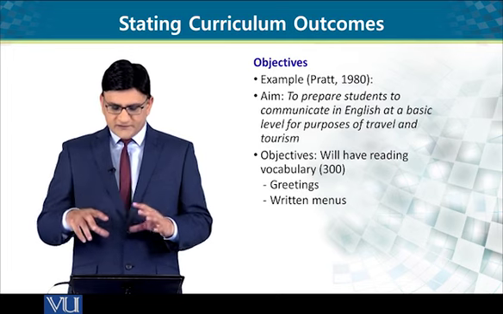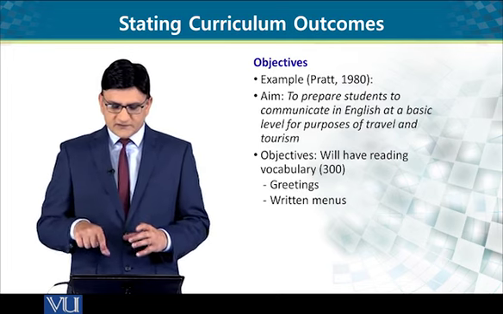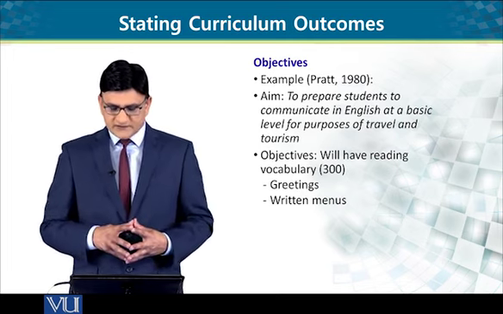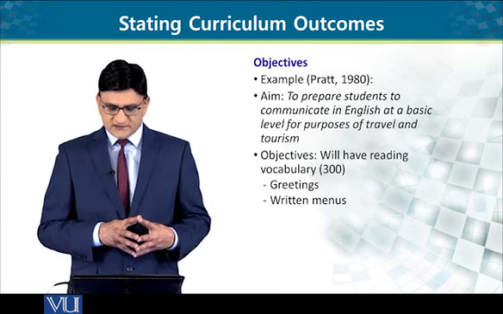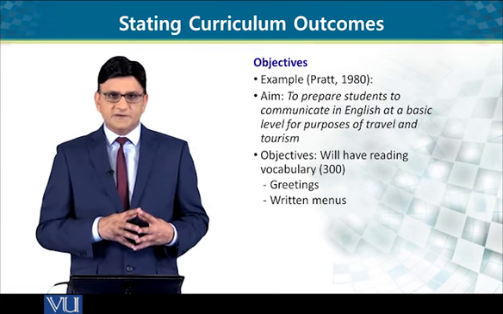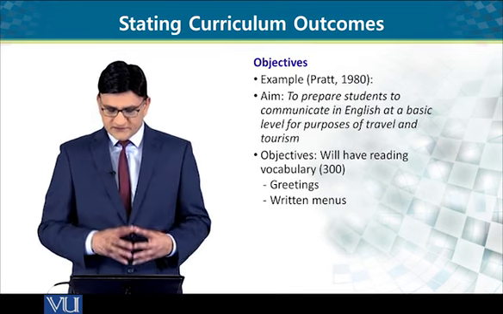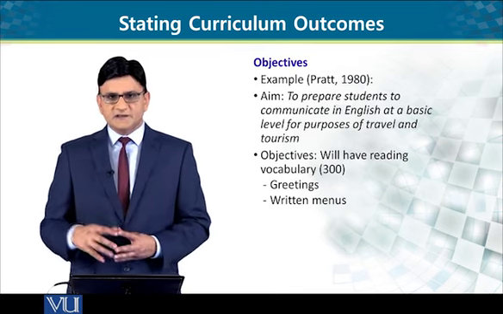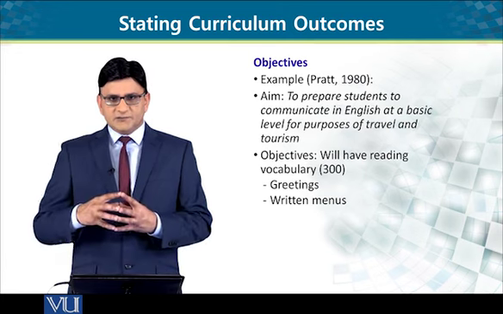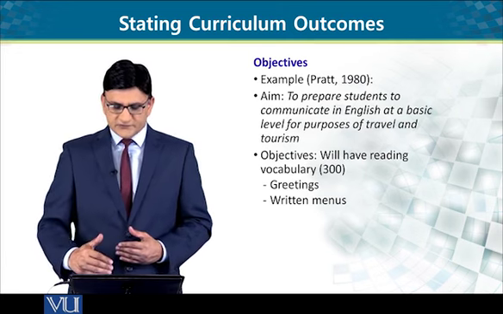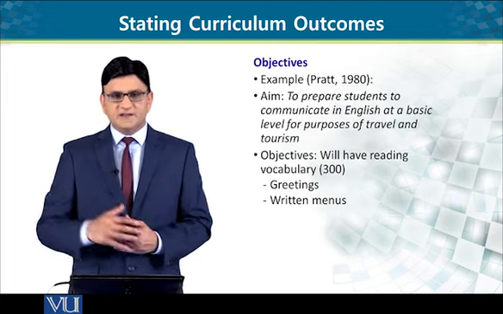The first statement is: to prepare students to communicate in English at a basic level for purposes of travel and tourism. That's the aim of the course, but the objectives are going to be more precise and prescriptive. As compared to the statement, objectives will give direction.